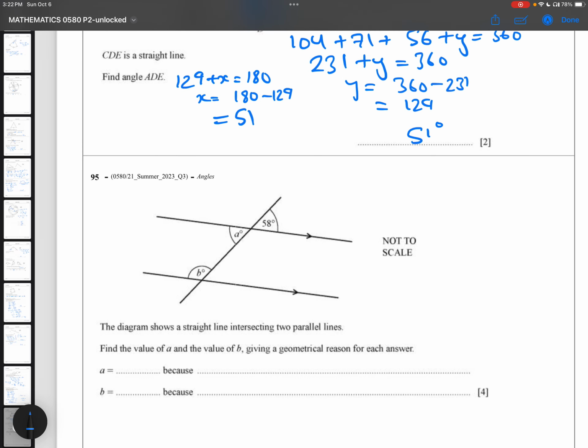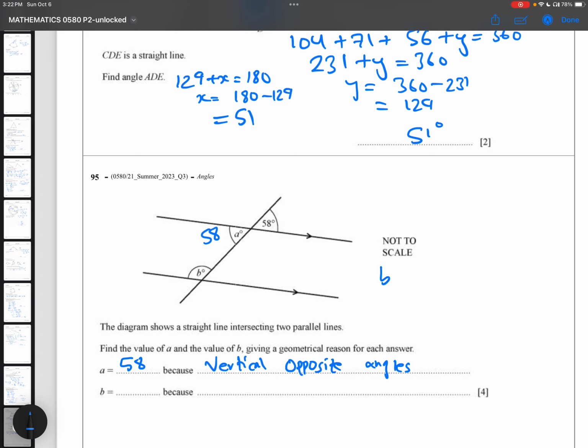In question number 95, the diagram shows a straight line intersecting two parallel lines. Find the value of A and B. Give a geometrical reason for each answer. A will be equal to 58. Why? Because of vertically opposite angles. Now we can see that A and B are interior angles between two parallel lines and a transversal. And the interior angles, we know that their sum is equal to 180.